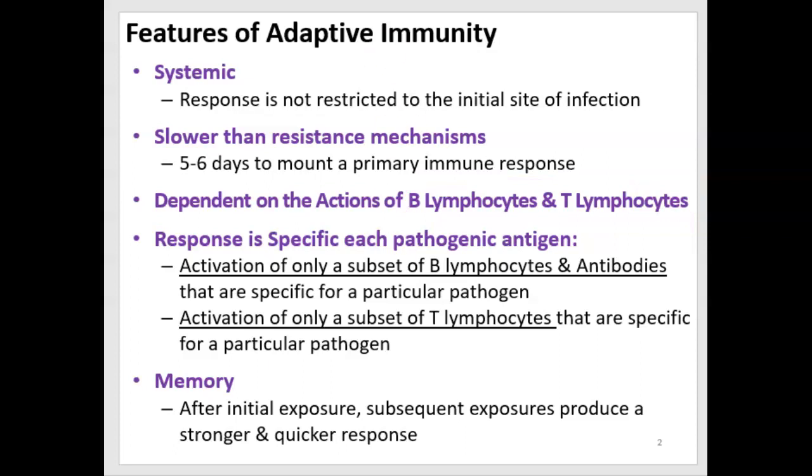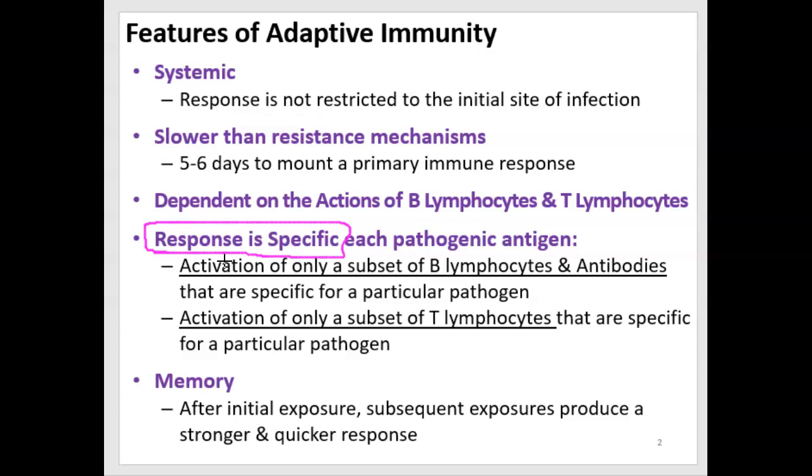Another significant feature of adaptive immunity is that we say it is specific for a certain pathogen or pathogenic antigen, something harmful to us. The response is specific. What that means is the response will be tailored to the certain pathogen that entered your body.